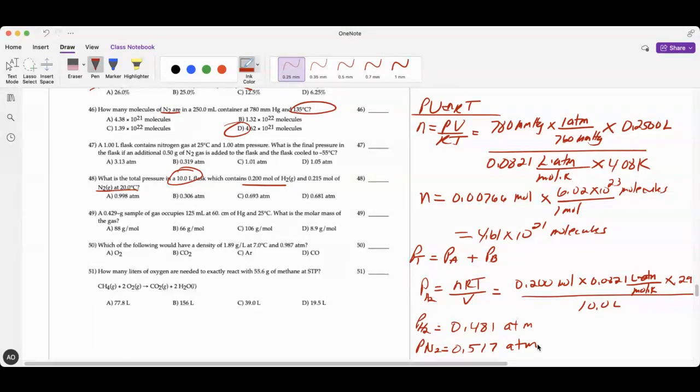They want the total pressure, so we just add the 0.481 and 0.517, and I get 0.998. So the total pressure is 0.998 atmospheres. Okay, there we go.